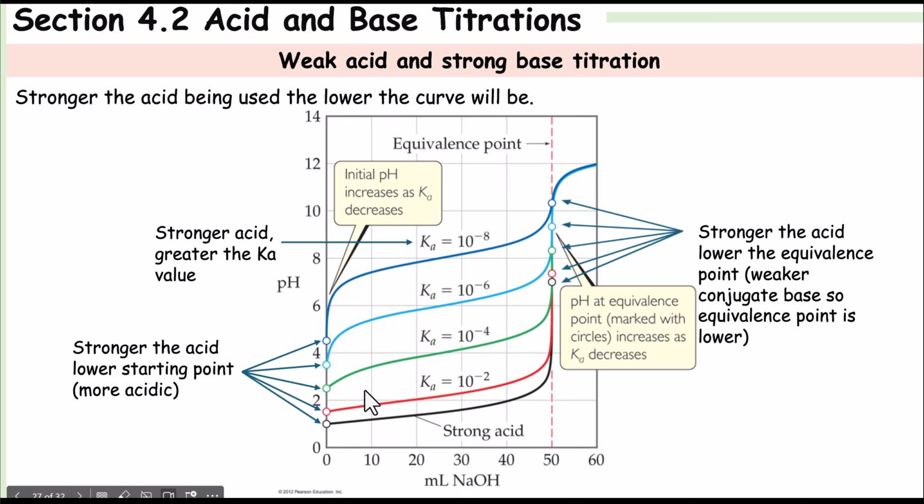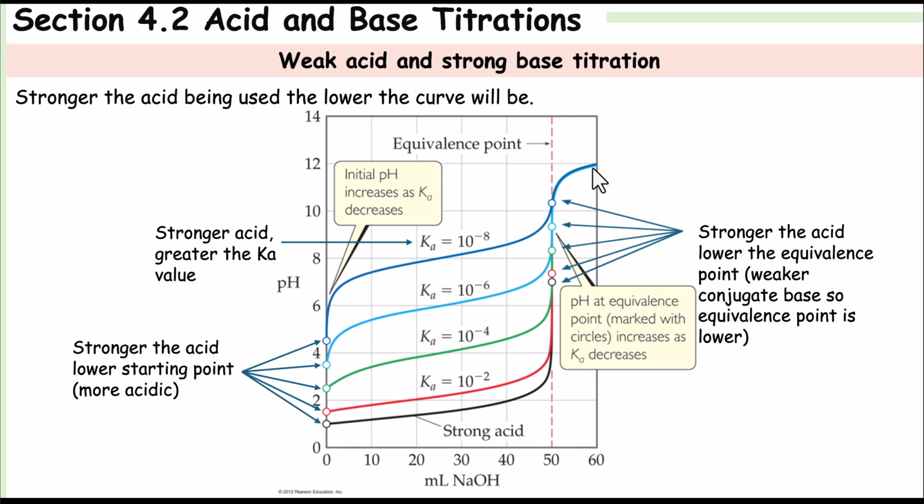Then if you look at the Ka value, the stronger the acid, as you go down, like this is very strong, you'll see the greater value of the Ka. So all of these 4 contributors let me know whether this particular titration has a strong acid or strong base present in the flask.